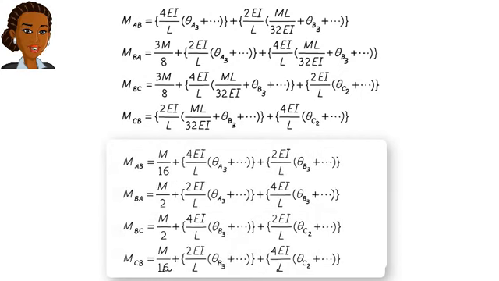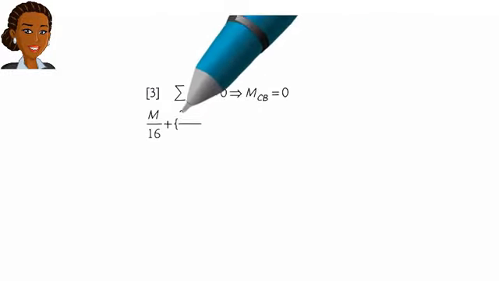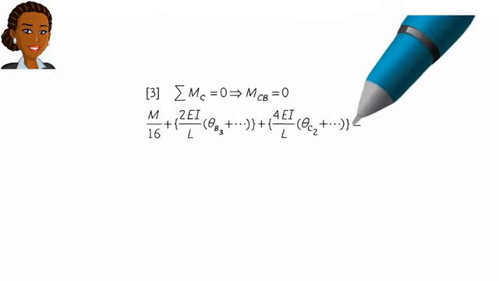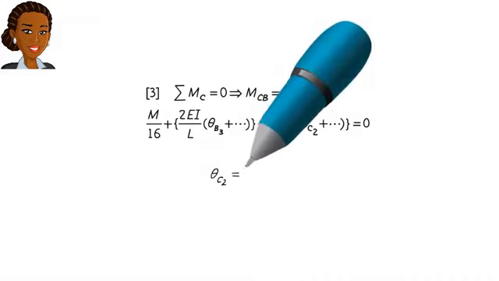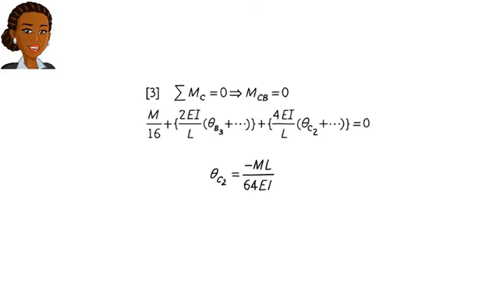Next, we use the third equilibrium equation to calculate theta C2. Set theta B to 0 and solve for theta C2. Substitute this in the slope deflection equations to get the incremental moments for segment BC.